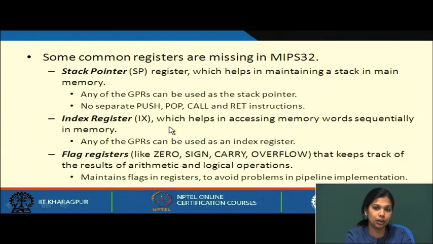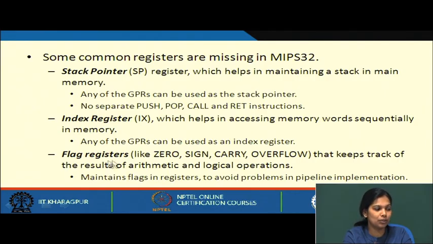We have already seen index addressing mode, we require an index register for some purposes, but it is not present. And as these are not present, you can use any register from the set of 32 registers and use it as an index register. That is possible.